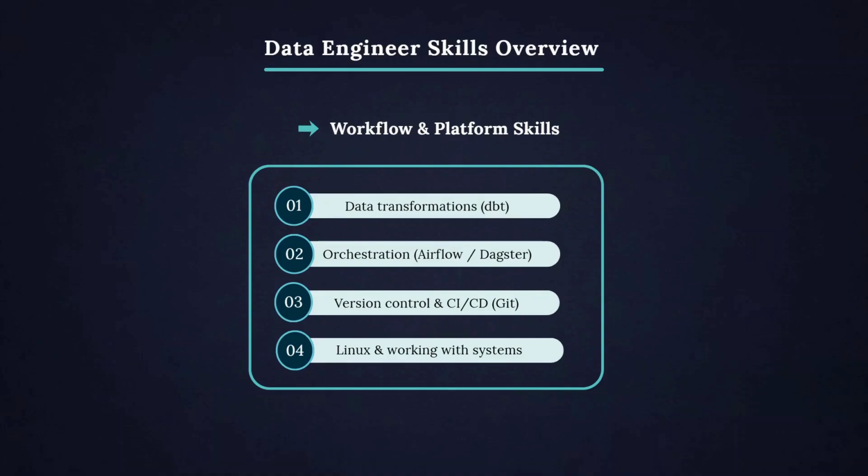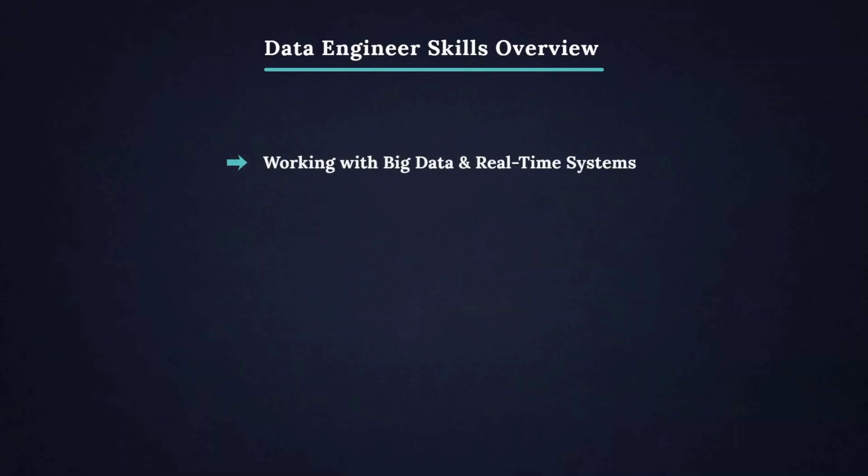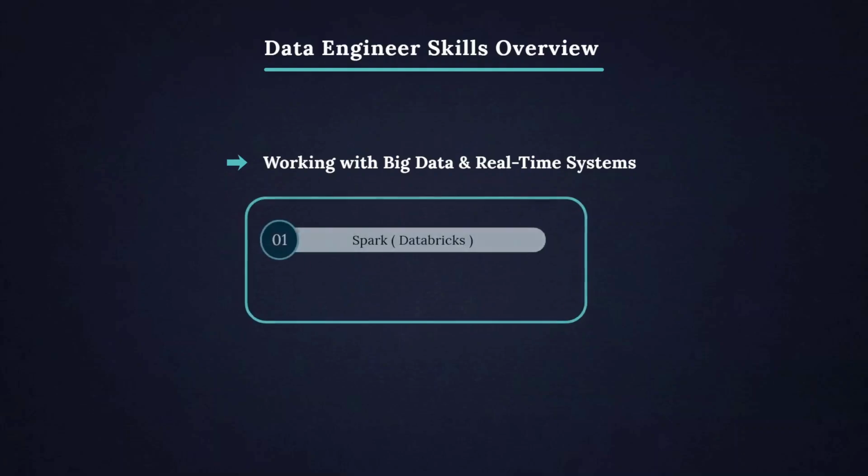The last set of skills I want to talk about comes into play when you are working with big data or real-time systems. You will often see this mentioned in job descriptions because many companies deal with very large data sets or need data to be processed quickly. The first one is Spark, often used through platforms like Databricks.